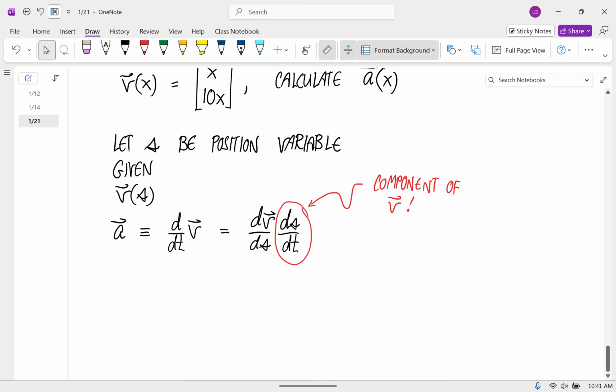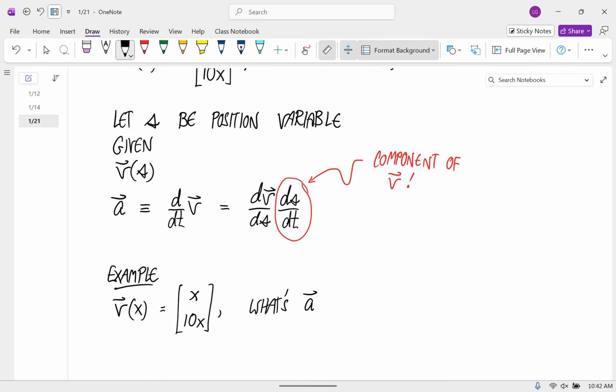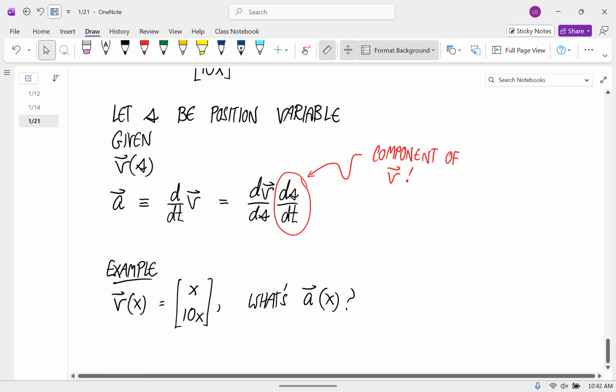Okay, so let me start with the example that I just gave when we started this section. So let's say that the velocity as a function of x is equal to ⟨x, 10x⟩. And we want to calculate the acceleration as a function of x. And it's a very common mistake for people to make.